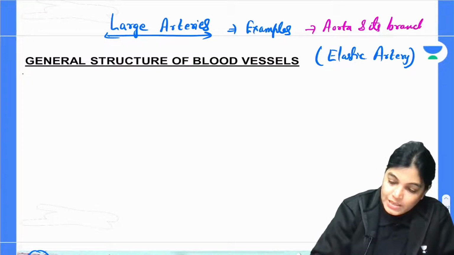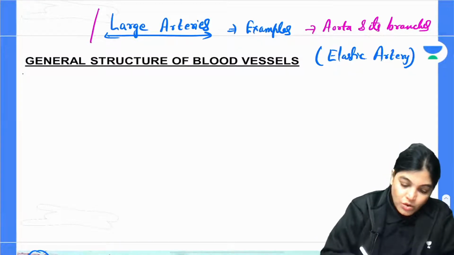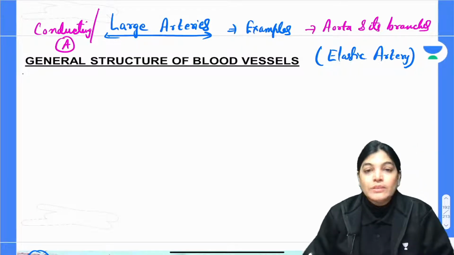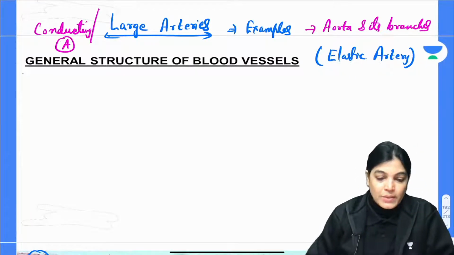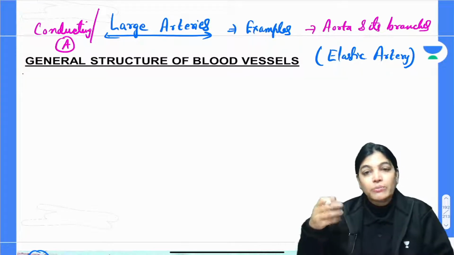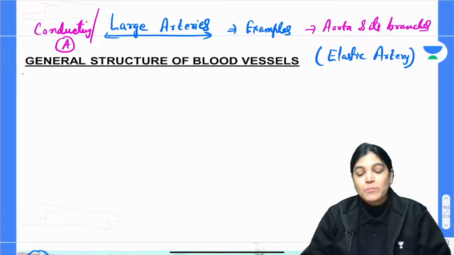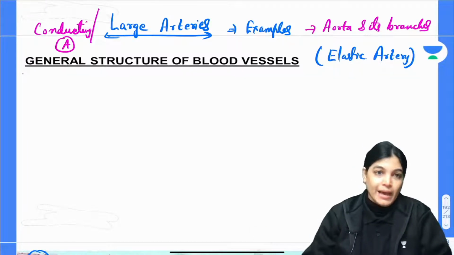They are also called conducting arteries or large arteries. Now my dear aspirants, in general features, it conducts blood from the heart, and its thickness is approximately 1/10 of the luminal diameter.